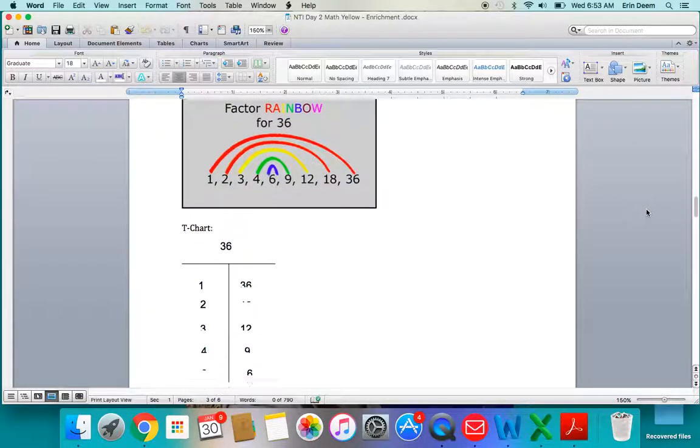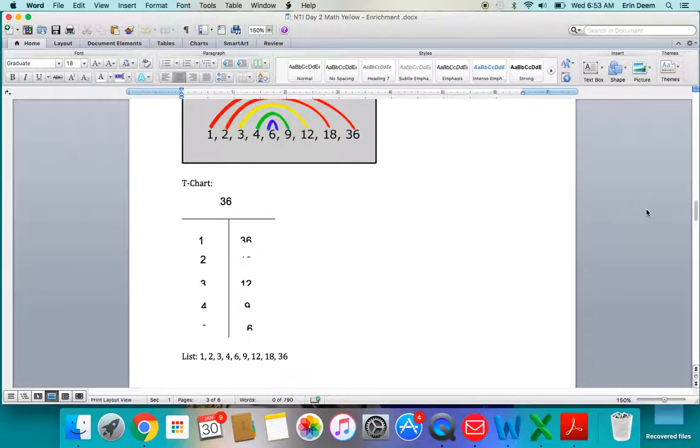A T-chart: 36; 1, 36; 2, 18; 3, 12; 4, 9; 6, and 6. And a list: 1, 2, 3, 4, 6, 9, 12, 18, 36. You would not write 6 twice because it's just repeating itself.